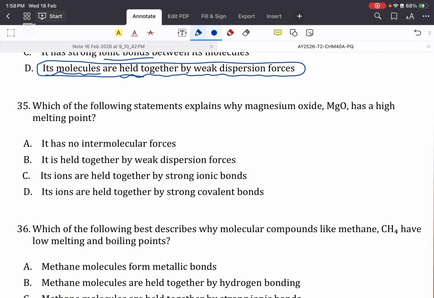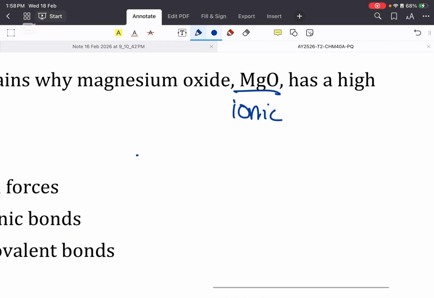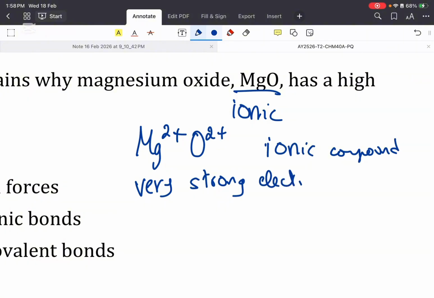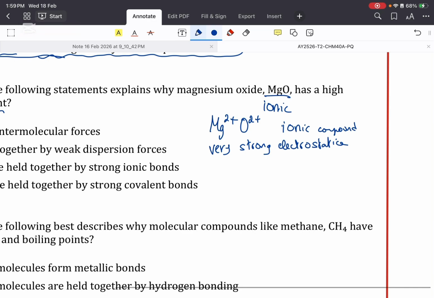Which of the following explains why magnesium oxide, which is ionic, has a high melting point? Let's first think about magnesium oxide. Magnesium oxide has a crystal lattice of Mg2+ and O2-. Usually, ionic compounds have very strong electrostatic forces in their crystal lattice.